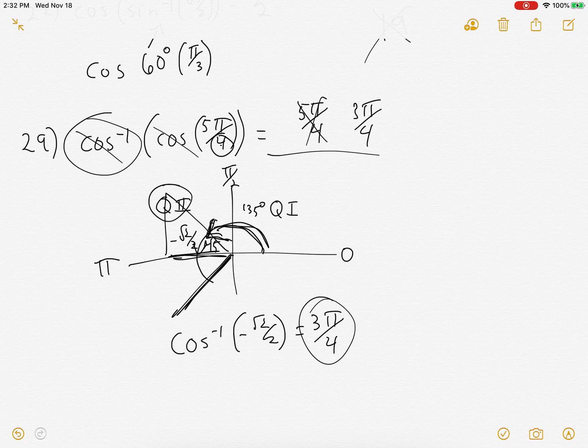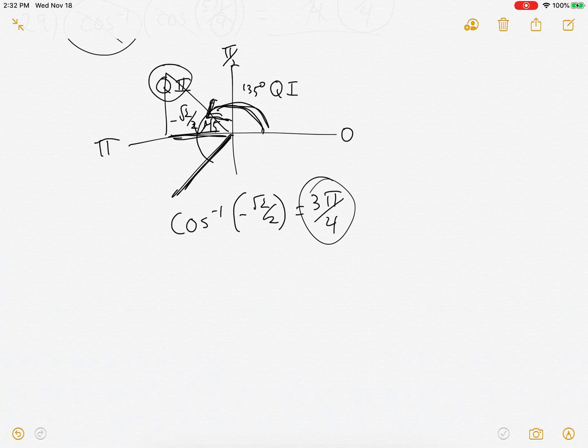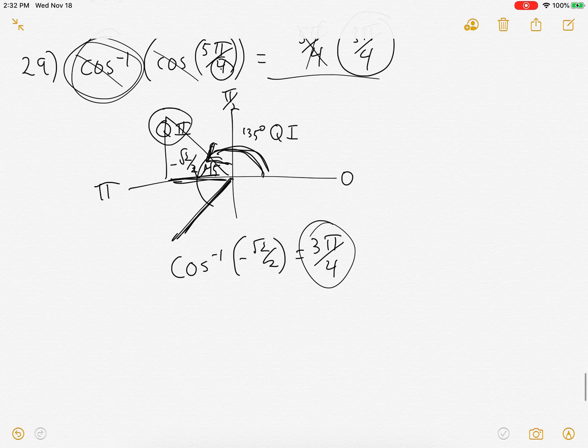So as weird as it looks, the inverse cosine of the cosine of 5 pi over 4 is actually 3 pi over 4. Okay? Now, you might want to take some time to really look that over too and replay this again and try to understand it if you don't understand why you cannot be in the third quadrant with this answer.